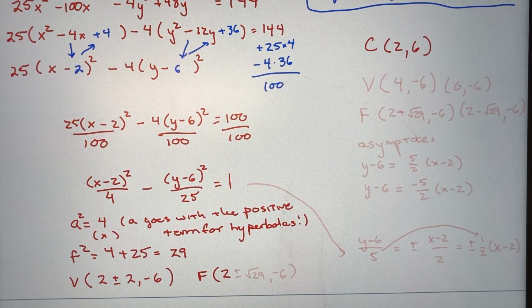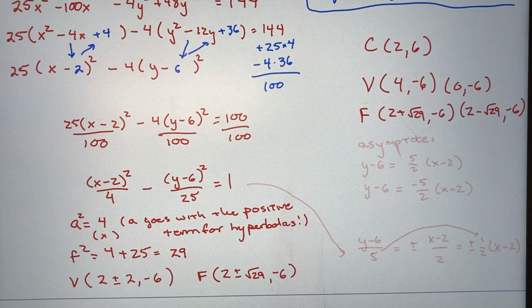Plus or minus square root of 29. Okay, so my two vertices are 4, negative 6, and 0, negative 6. My two focuses are 2 plus root 29, negative 6, and 2 minus root 29, negative 6.